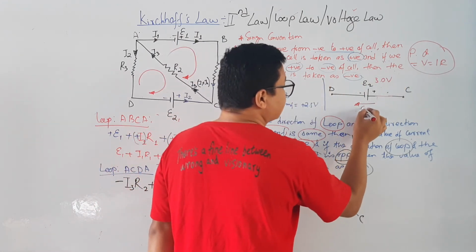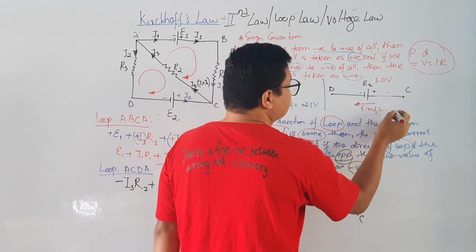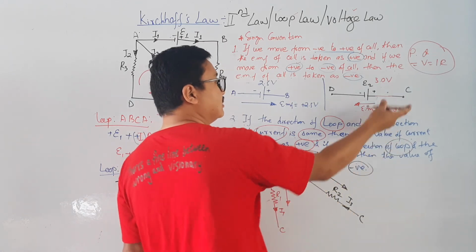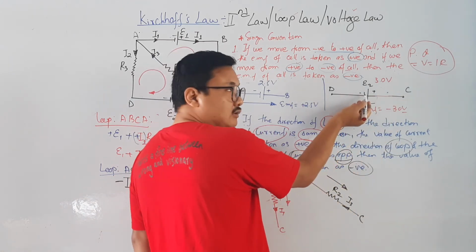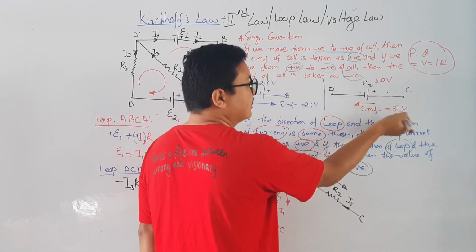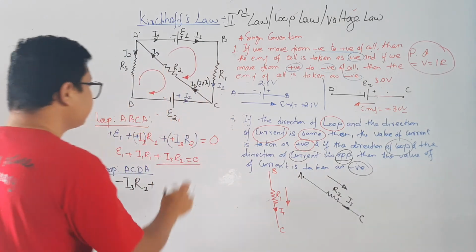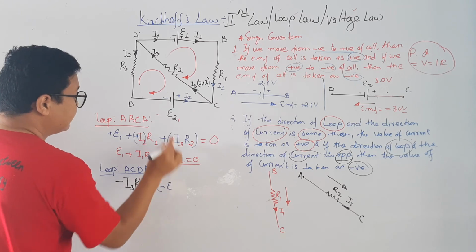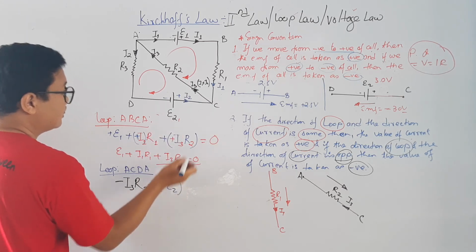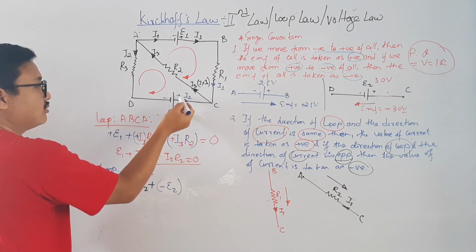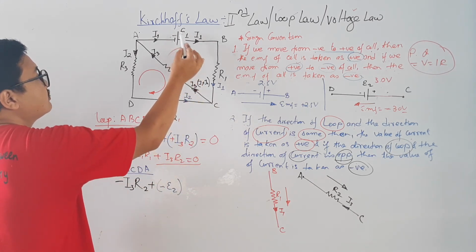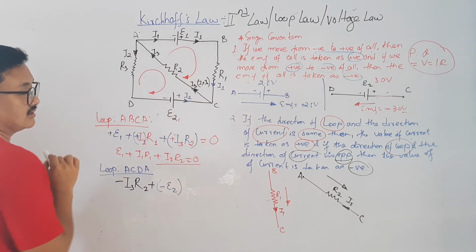At this time, EMF is equal to minus 3.0 volt. I am going from positive to negative, coming out from the negative, so it has to be negative. So in C to D, there will be a minus of E2. Understood? Going from positive to negative, EMF is negative. Going from negative to positive, EMF is positive.